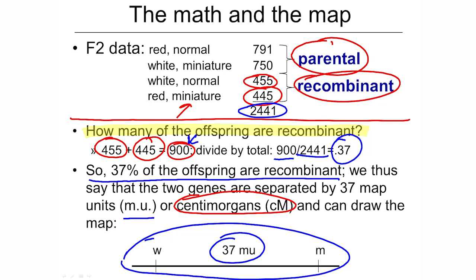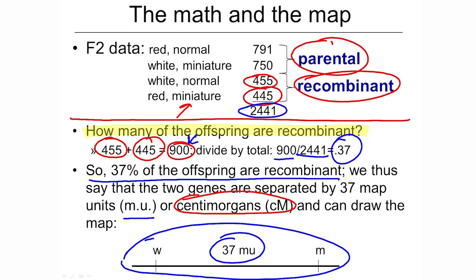A centimorgan is paying homage to one of the most famous fly geneticists that ever existed, which was Dr. Morgan. So a centimorgan equals a map unit. It's the exact same thing. Unfortunately, sometimes they'll use one and sometimes they'll use the other. So a cM in this context, again, is a distance or akin to a distance.